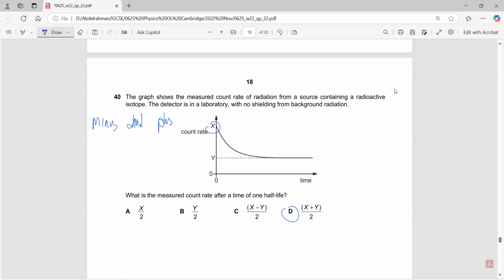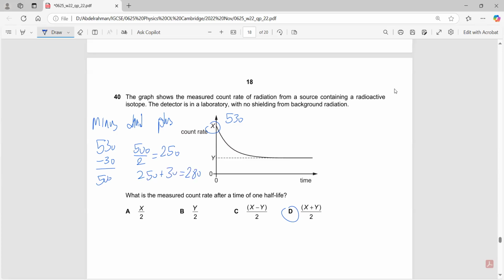Let me solve it very quickly. If it was 530, what I usually said was 530 minus 30, if that is the background radiation, so it's 500. 500 divided by 2 is 250, and then you add 250 plus 30, which is 280.